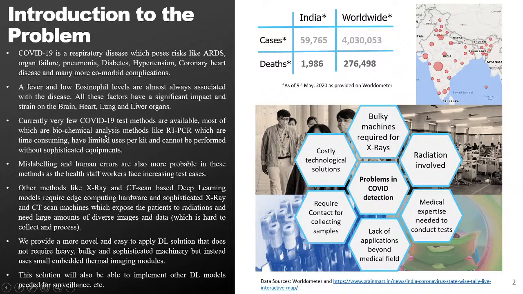Right now there are very few COVID-19 test methods available, and most of them are chemical tests like RT-PCR, or DL-based tests, those deep learning algorithms that work on X-ray images and CT scan images. For COVID-19, they basically use X-ray images.